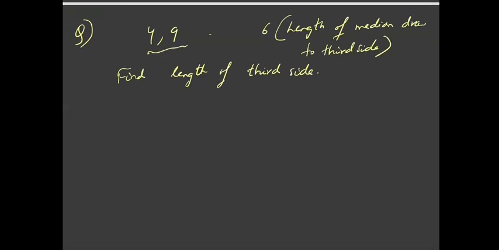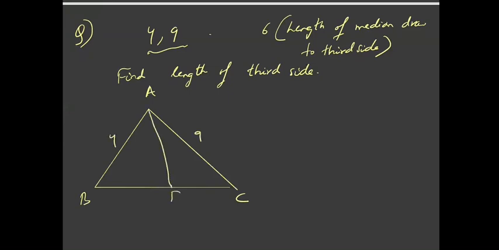So these are two side lengths. Say AB is given as 4, AC is given as 9, and the length of median is also given to you as 6. So you need to find BC.